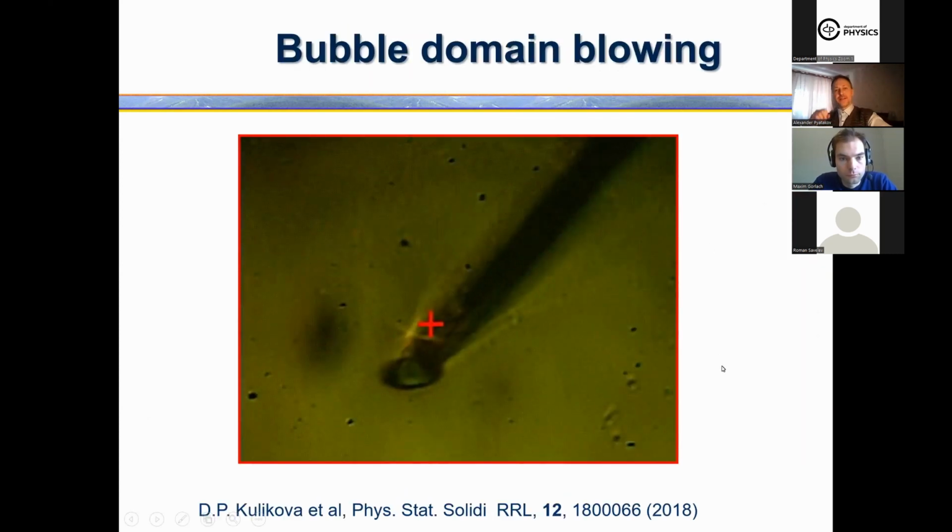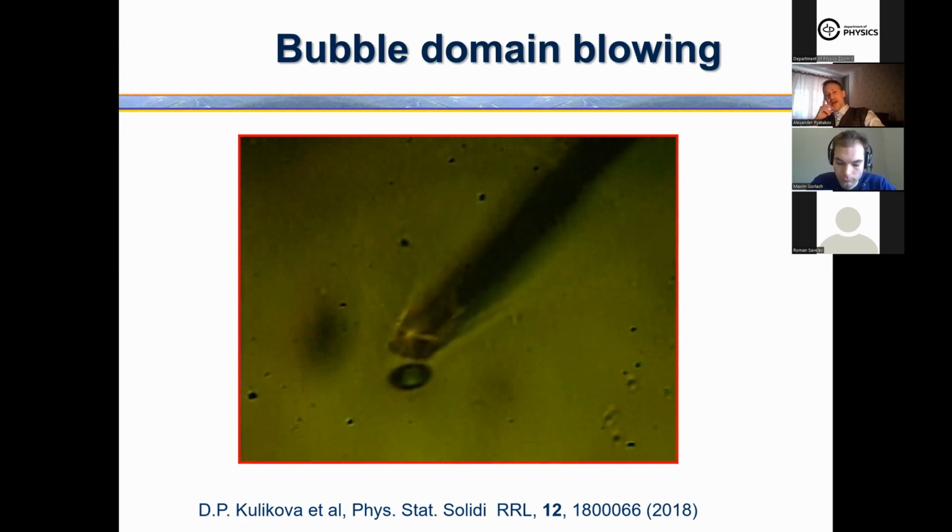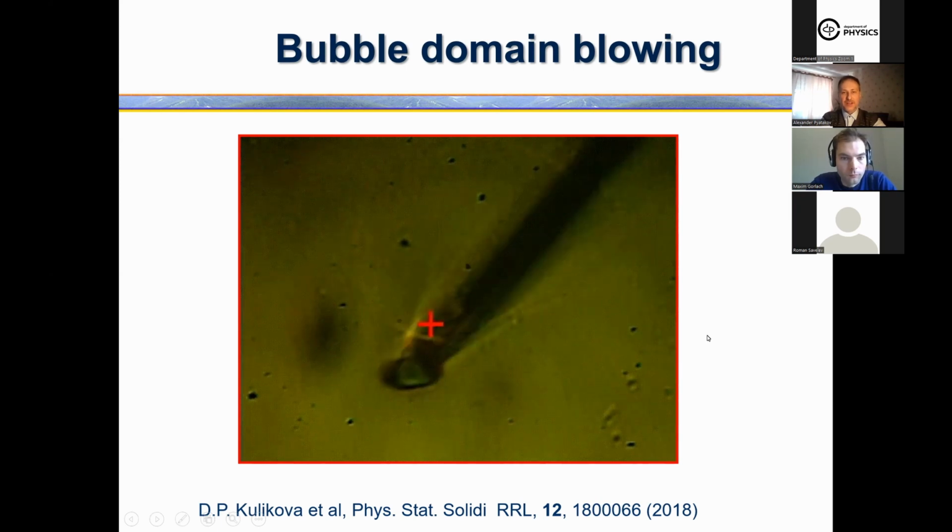And another very strong effect is the nucleation of new domains. When you obtain the single domain state like this, it's homogeneous magnetic ordering, but when we apply electric field, a bubble appears.